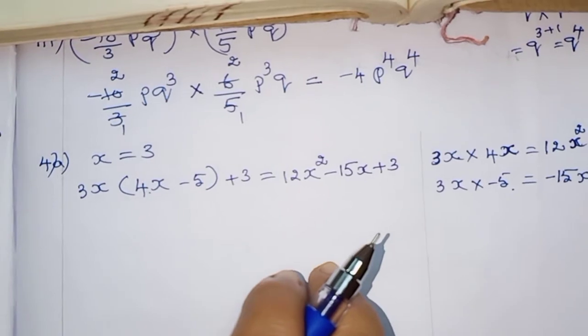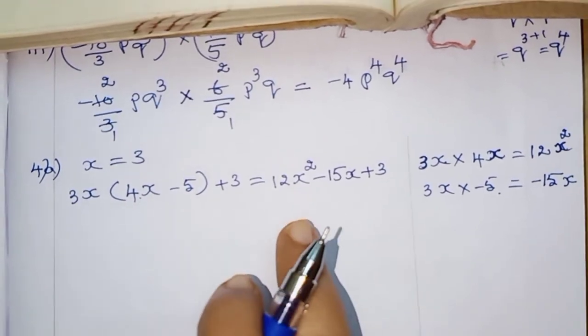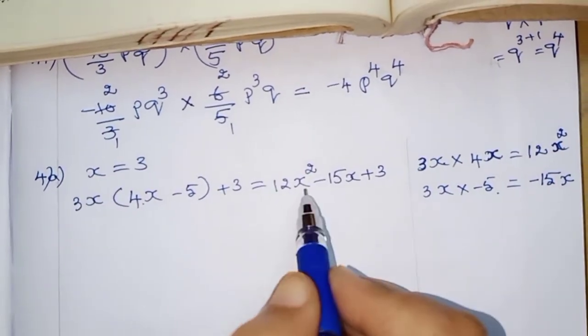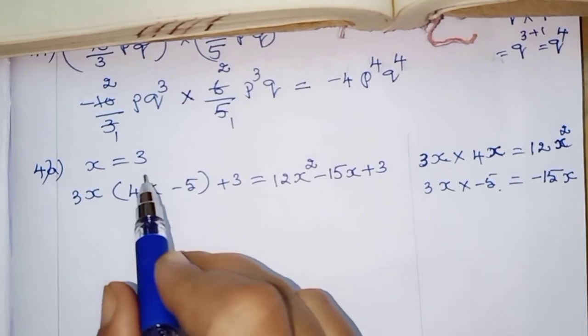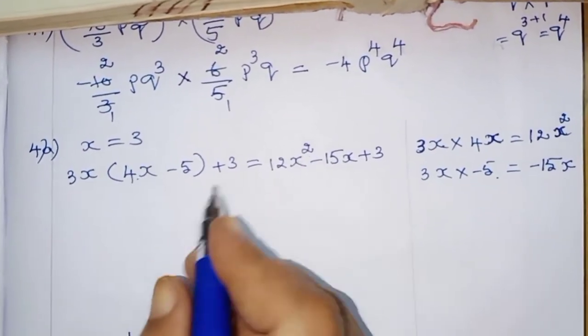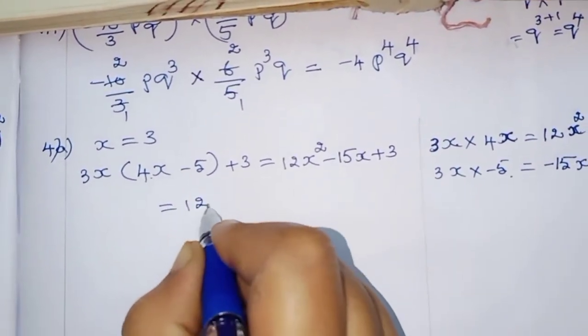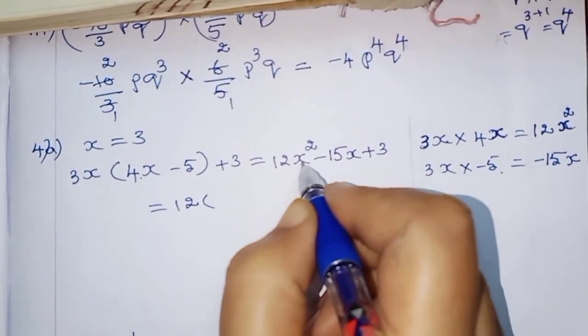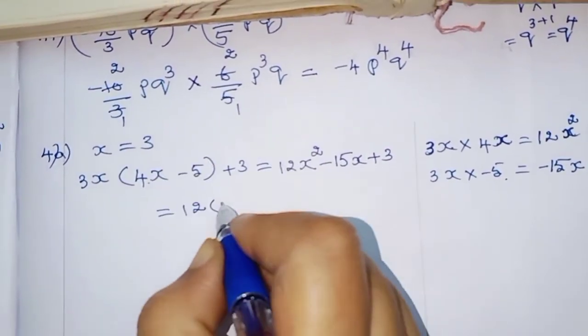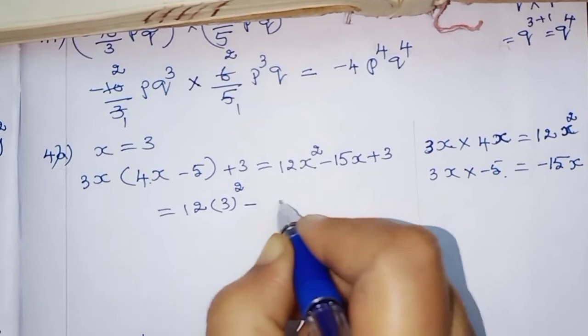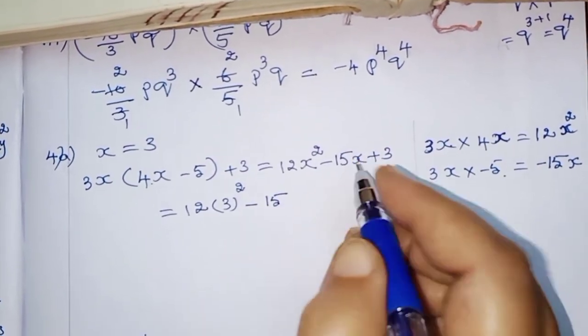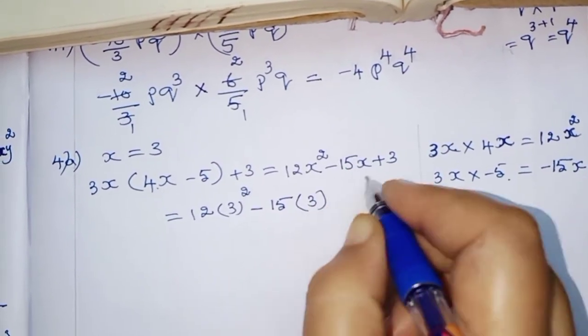Now what we have to do? We have to substitute the value. Wherever you have x, in place of x, substitute 3. So this is equal to 12 into 3 square minus 15 into 3 plus 3.